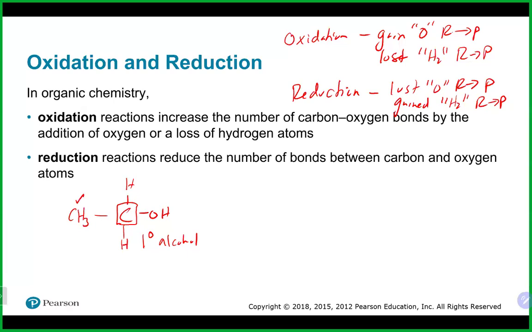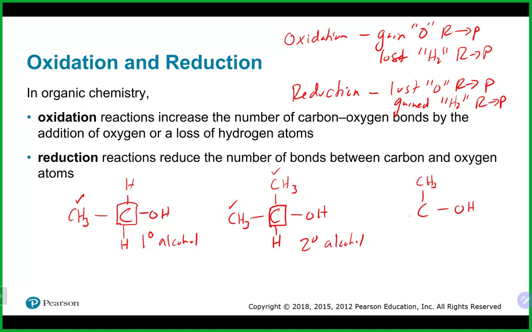If I had this alcohol, the carbon that has the OH group attached to it is attached to how many carbons? 1 and 2 makes it a secondary alcohol. And as you might guess, if I attach it here, the carbon that has the OH group is attached to 1, 2, and 3 carbons directly. This is what is known as a tertiary alcohol.